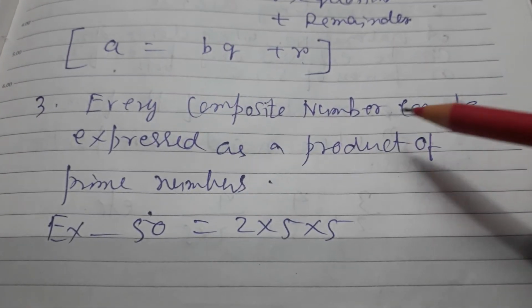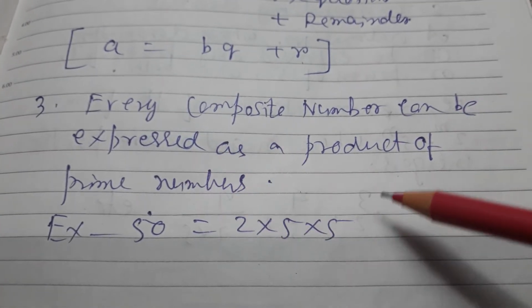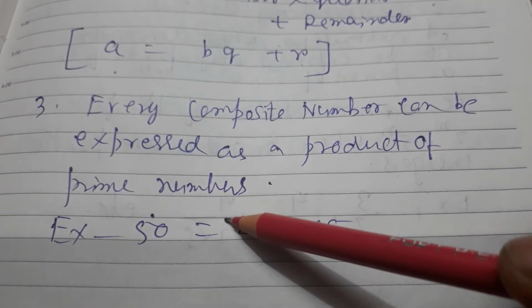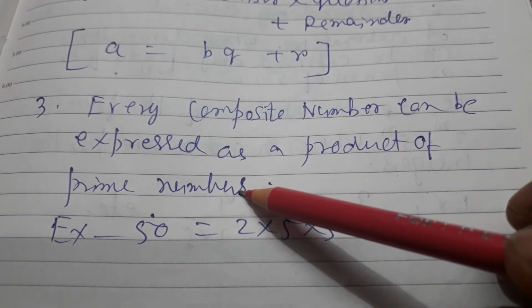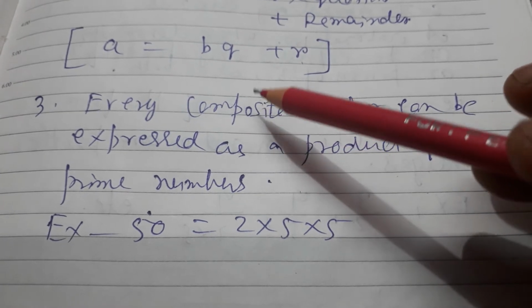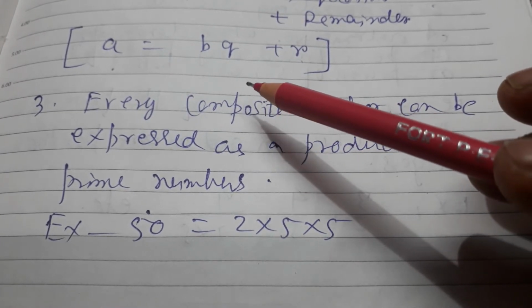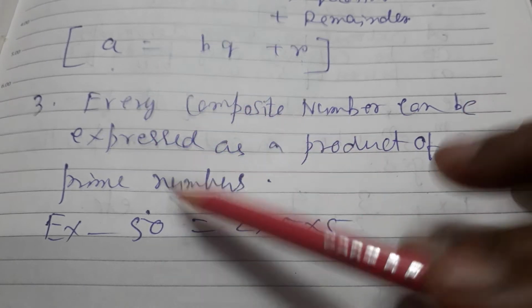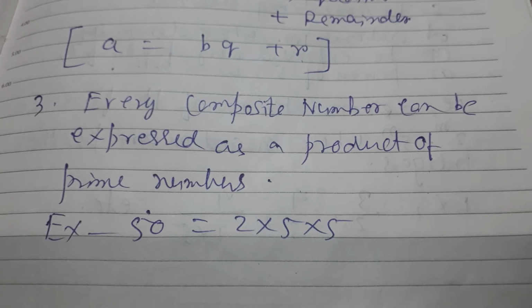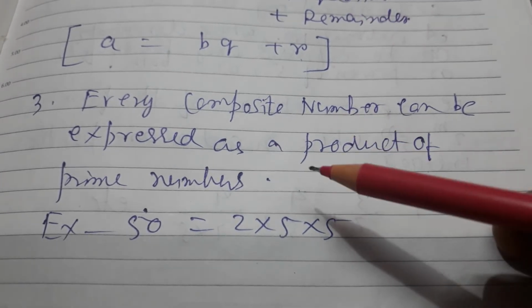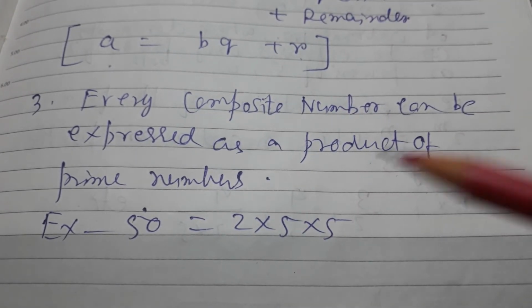And number 3, every composite number can be expressed as a product of prime numbers. Now which are composite numbers and which are prime numbers you know, but again I am telling: composite numbers are those which have more than 2 factors, and prime numbers are those which have only 2 factors. For example, 2, 3, 5: 2 has the factors only 1 and 2, 3 has the factors only 1 and 3, 5 has the factors only 1 and 5.